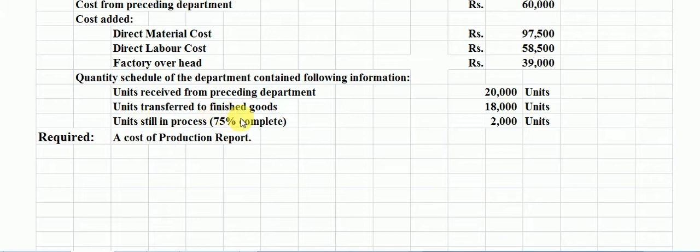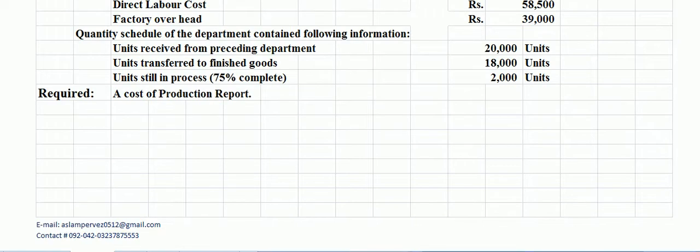Units transferred to finished goods, 18,000 units. Units still in process 75% complete are 2,000 units. Now students, the requirement is a cost of production report will be maintained with the help of given data.